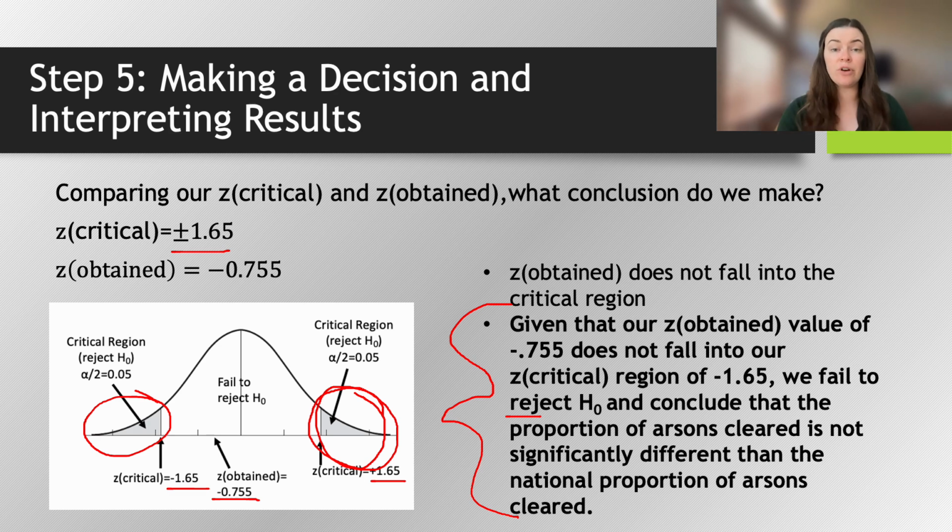Essentially, we are reaffirming our null hypothesis that there is no difference between the proportion in our sample and the proportion nationally of arsons cleared. So just keep that in mind. You always want to relate your results back to the initial problem.